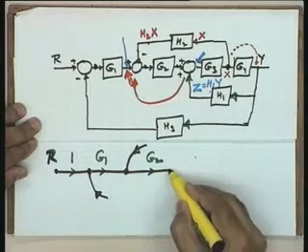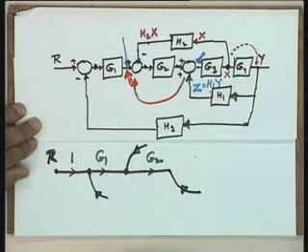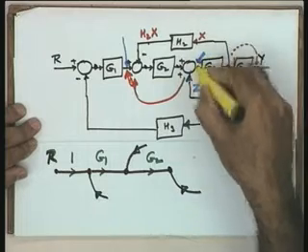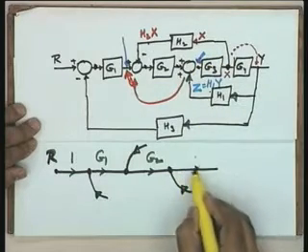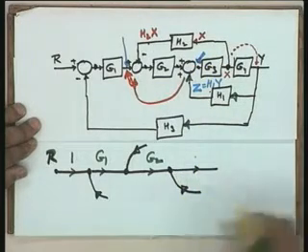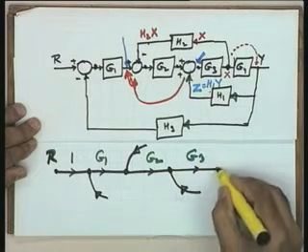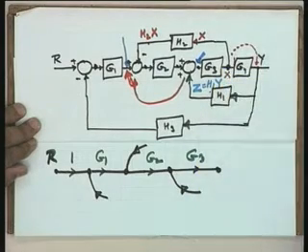At this point I have a feedback signal coming, and hence let me reach this point, and from here I have G3, the transmittance, and this is the node corresponding to X here. Okay?